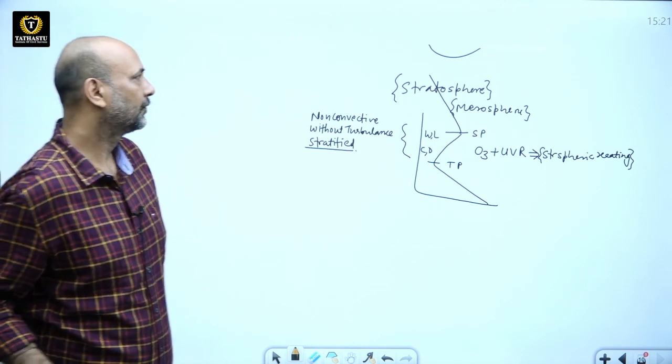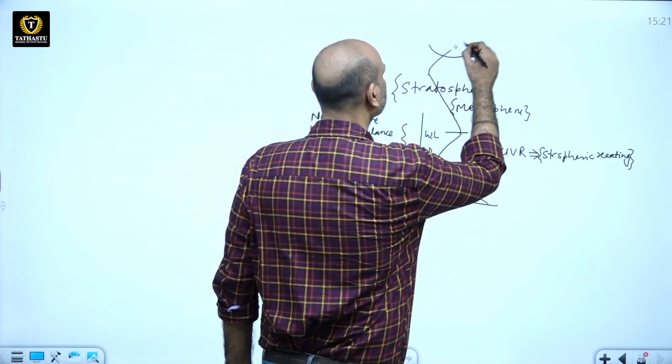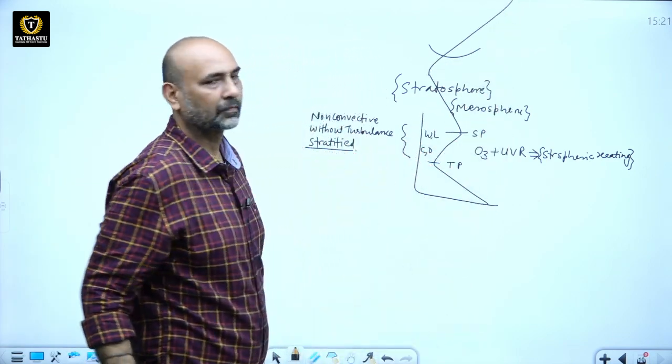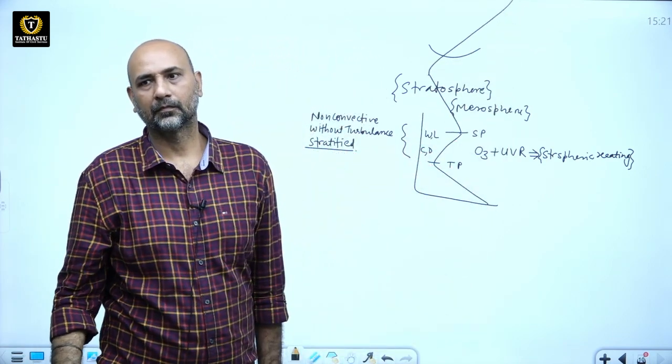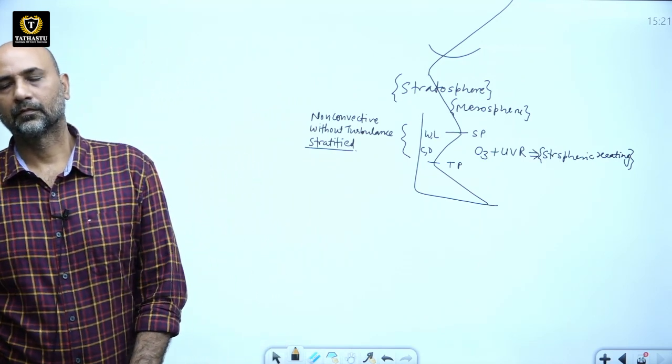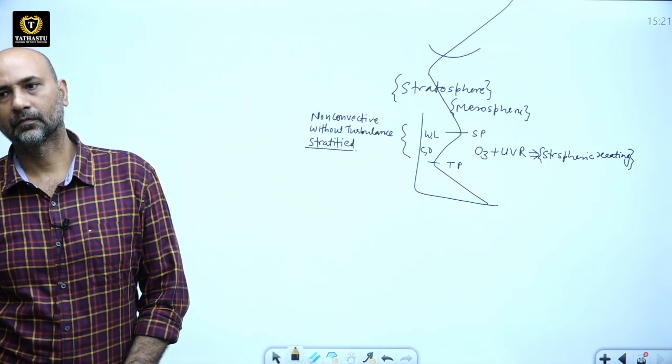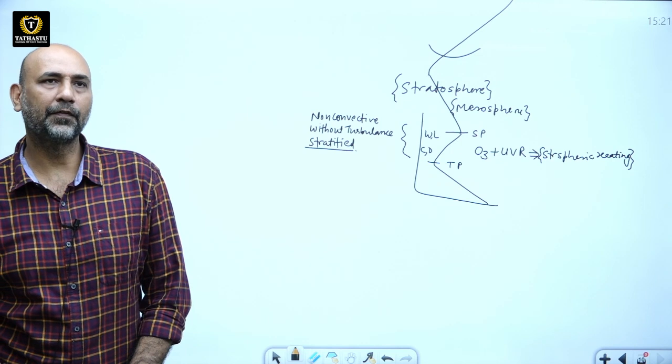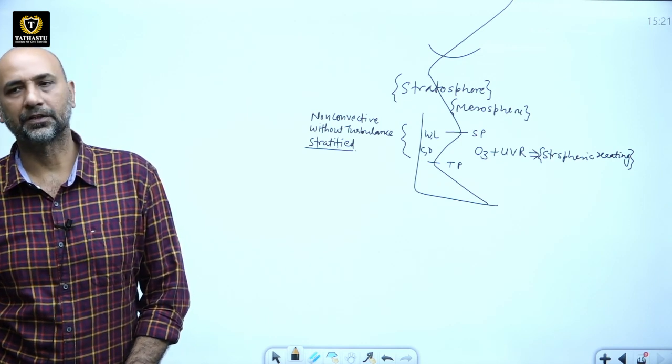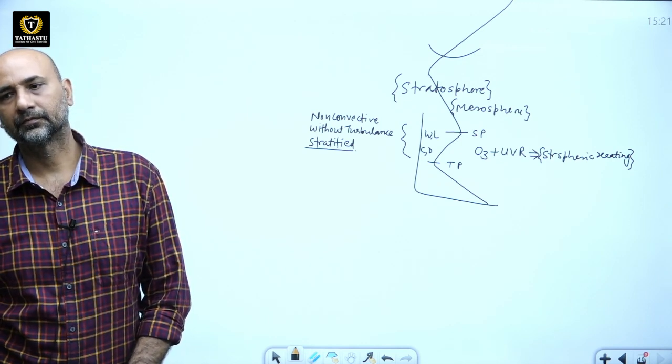Now, finally thermosphere. Thermosphere extends above 90 kilometers from sea level up to the atmospheric top.